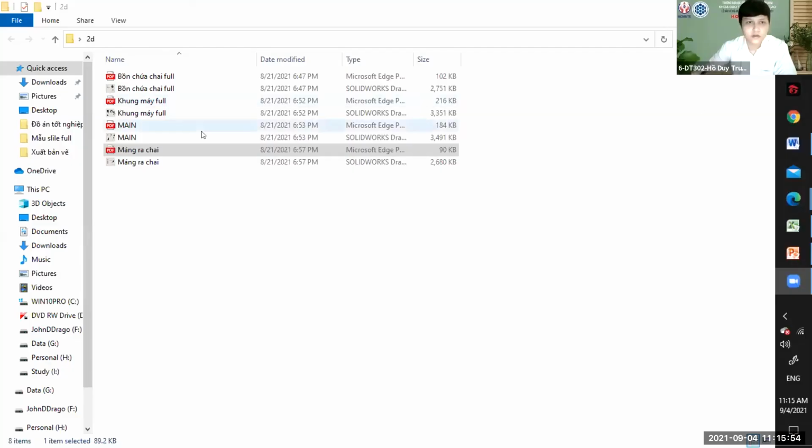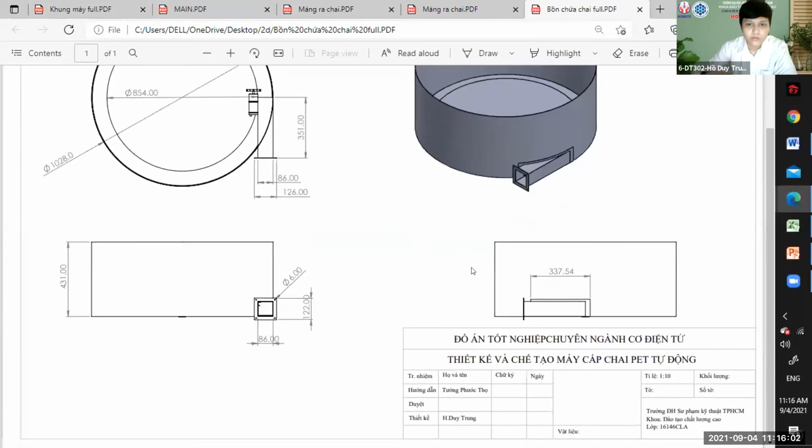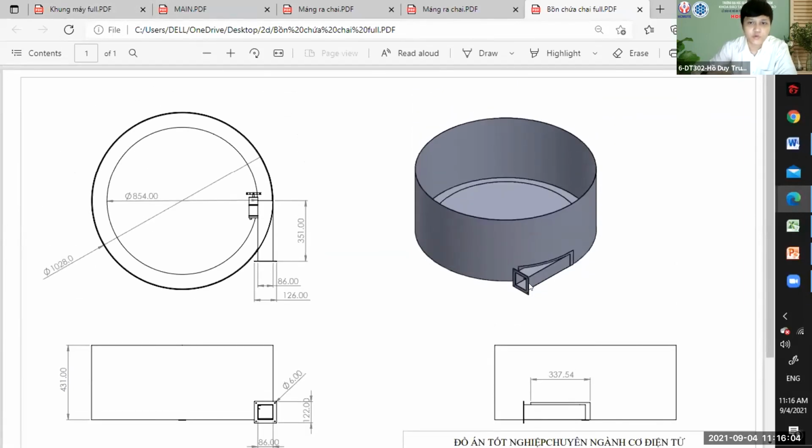Okay, I'll show you then. This part is the previous one, with the bowl, the disc right here and the motor right there.